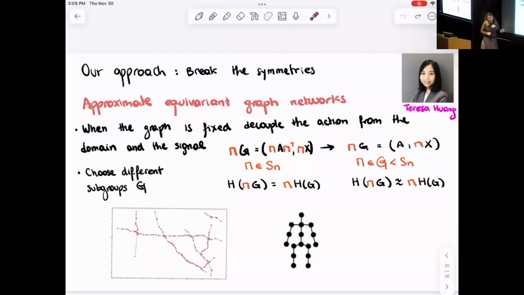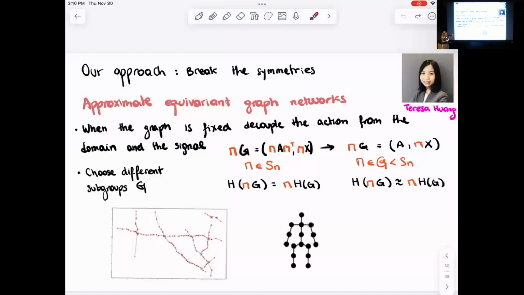And so in this example, for instance, these are highways in LA, and for each node in the graph, they know how many cars per minute you have at each location, and then the prediction task is to predict how many cars you're going to have at a certain location, like will you have a traffic jam and things like that.